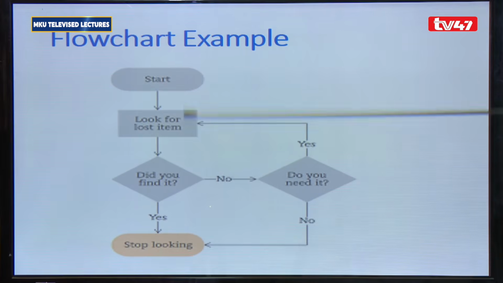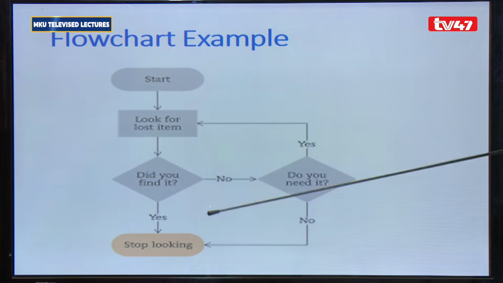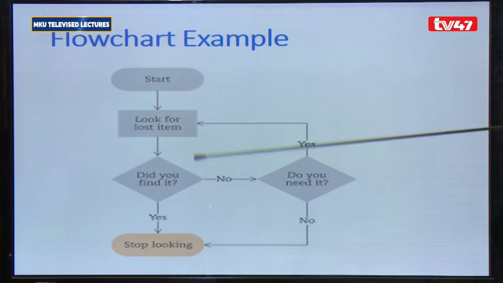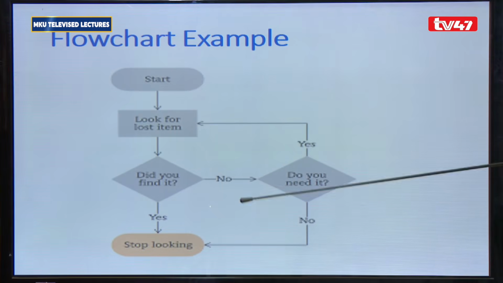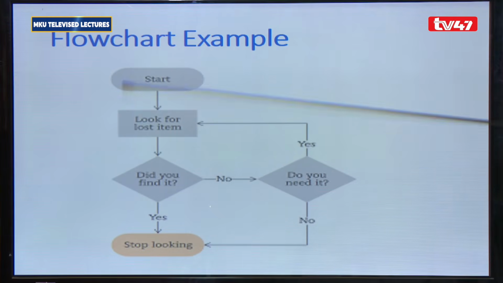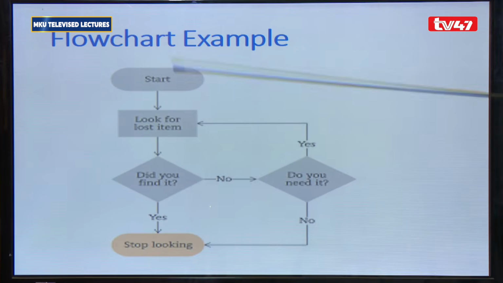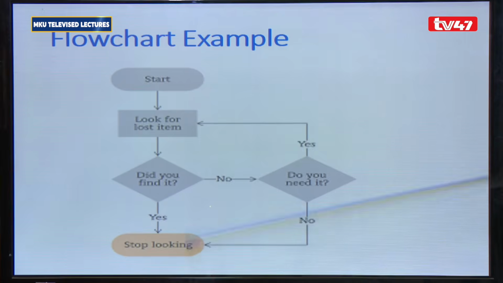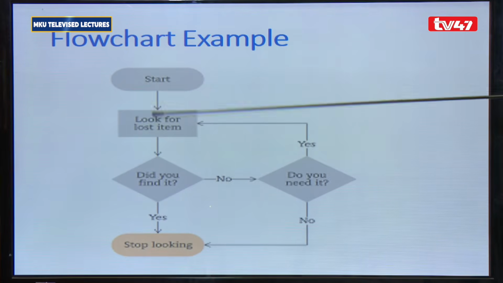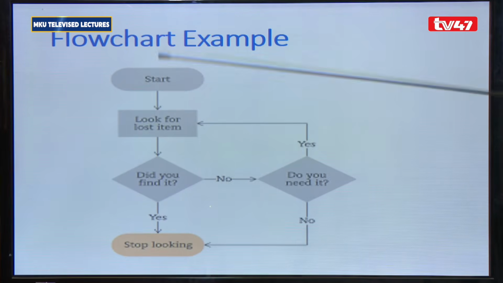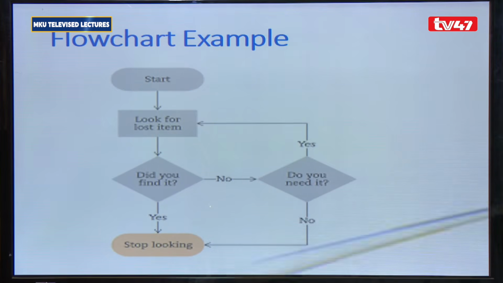So in a normal situation, this is normal life, this is not programming related, or you can still work it out as a program. But in a normal case, a human being, in case you have lost an item, for example, you want to find it, if you are doing a flowchart for that particular case, you must start somewhere.